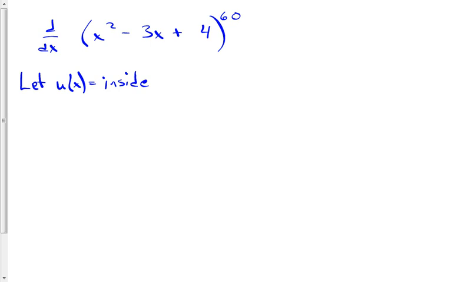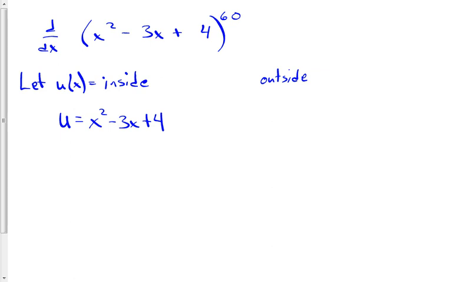So in this example, I would say that u is equal to what? X squared minus 3x plus 4. I'm going to let the outside function be a function of u.